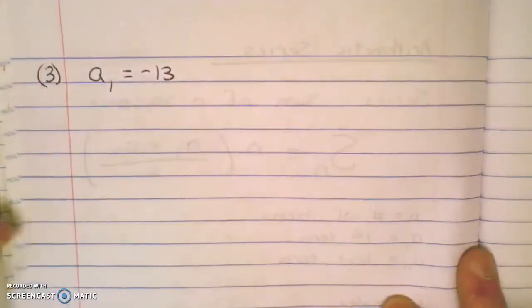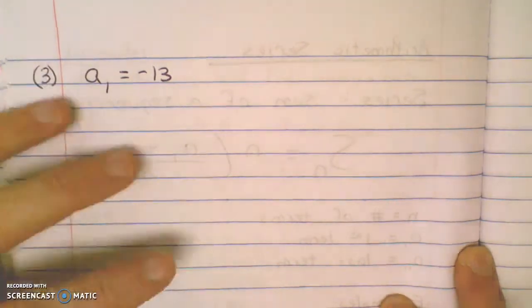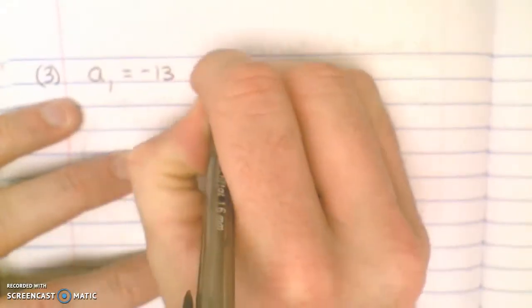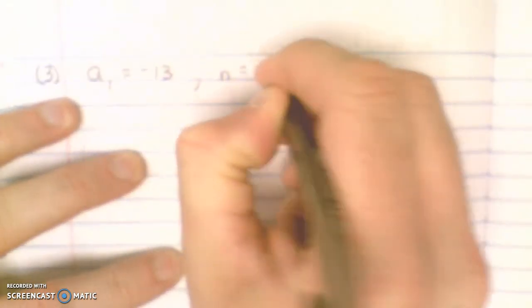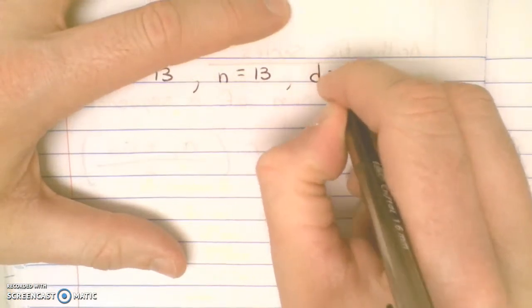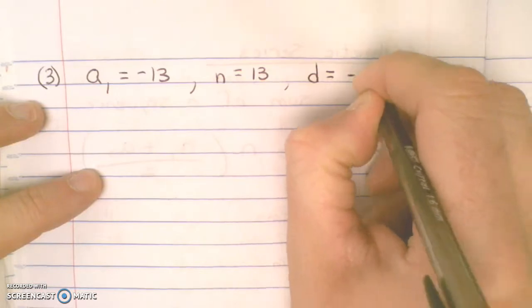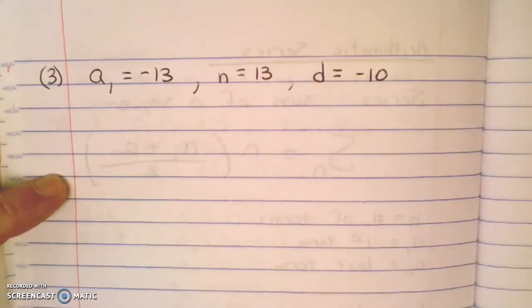So what that's going to look like is you're going to have a sub 1 given to you. In this case, it's negative 13. Your n value is also given to you. There's 13 terms in this sequence. But this time they're giving you the d value. So remember what d stands for is what you're adding or changing each time between the numbers in the sequence.